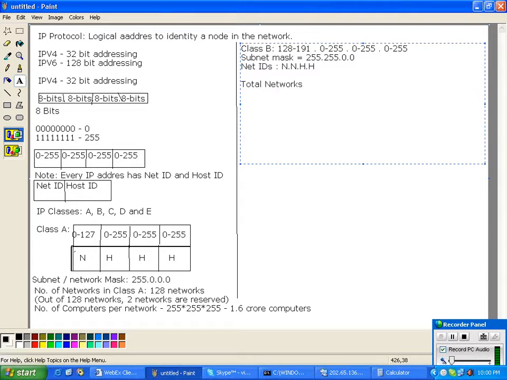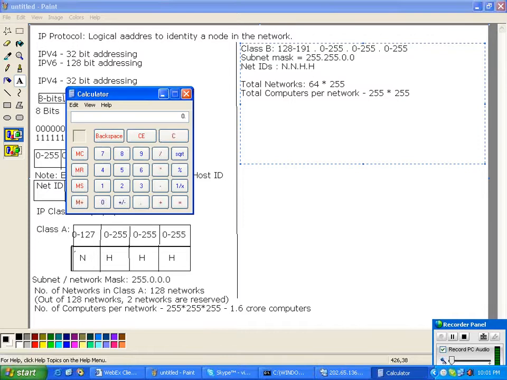You can understand it. Total networks 64 into 255. Total computers per network, 255 into 255.